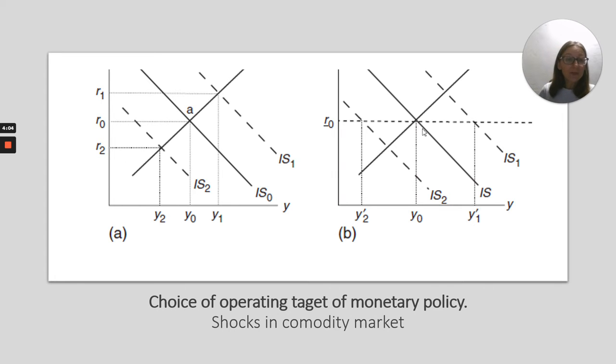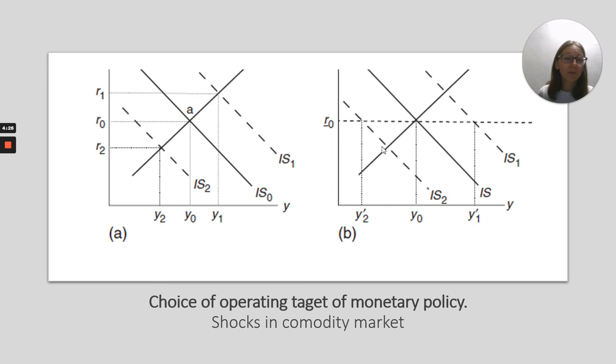In the B case, in the B picture, we have the same demand shock represented. So assuming that, let's say, consumption decreases dramatically, so we have a leftward shift of IS, which should make the interest rates lower.